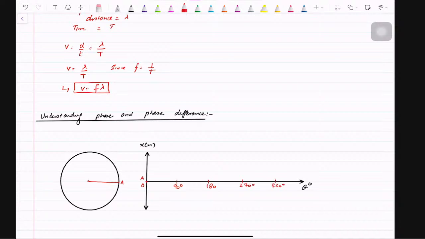So let's suppose you're moving like this. When you move to point B, you go a quarter of the circle, which is 90 degrees. Do you understand?